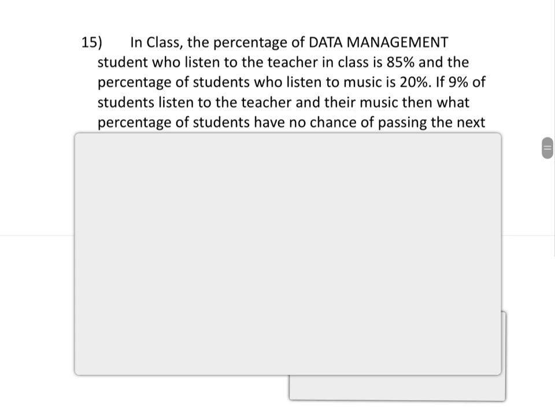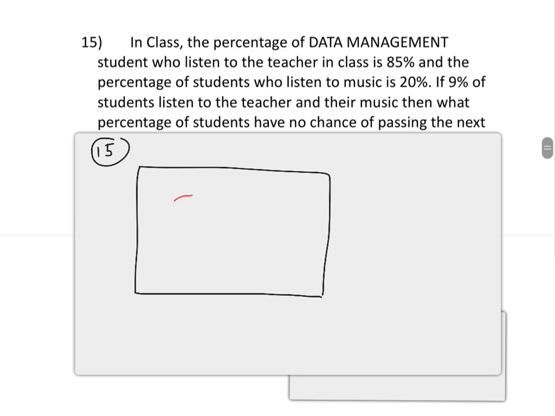Question 15, best done with a Venn diagram. And we've got 2 things here. We've got the kids who listen to teacher and the kids who listen to music. So we know that 9% listen to both teacher and the music.